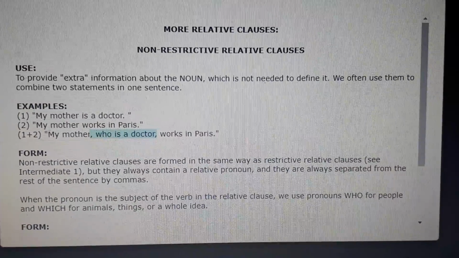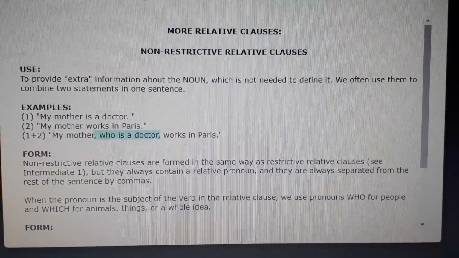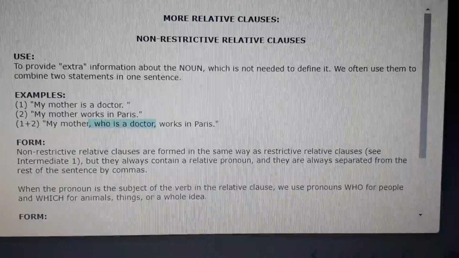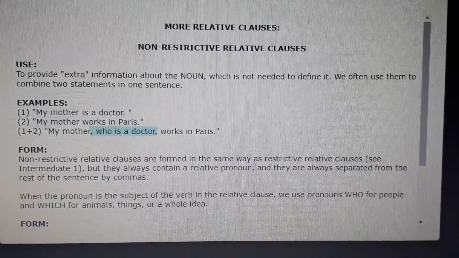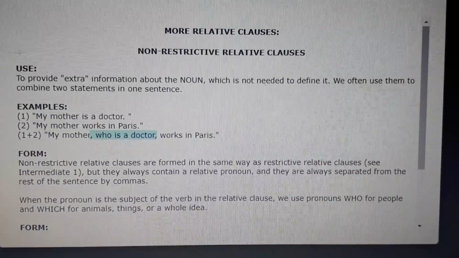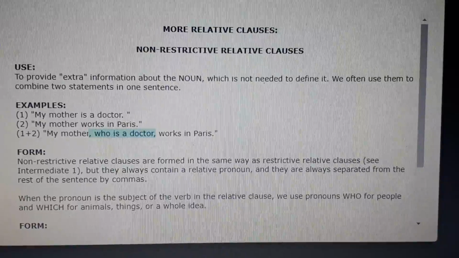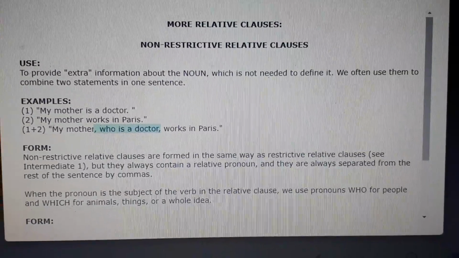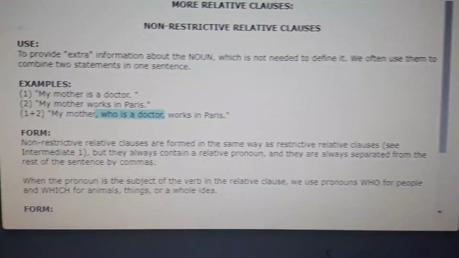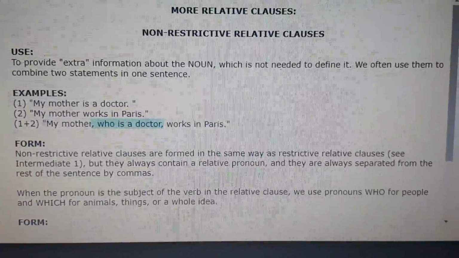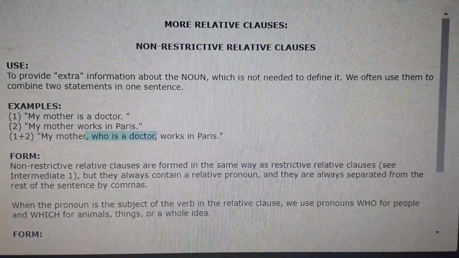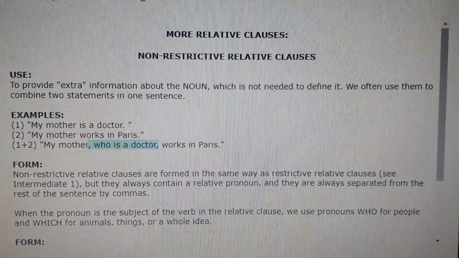We often use them to combine two statements in one sentence. Example: my mother is a doctor. My mother works in Paris. My mother, who is a doctor, works in Paris. Form: non-restrictive relative clauses are formed in the same way as restrictive relative clauses.